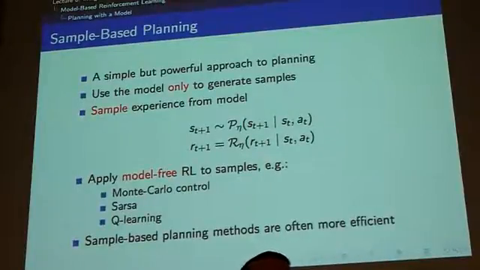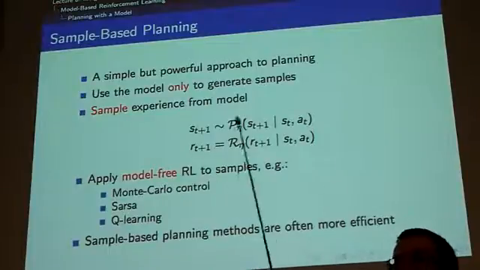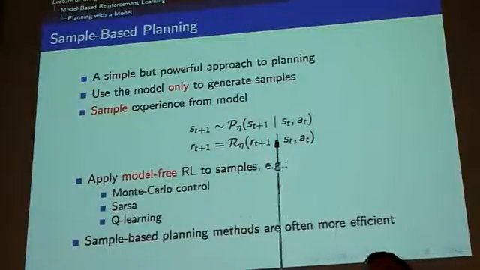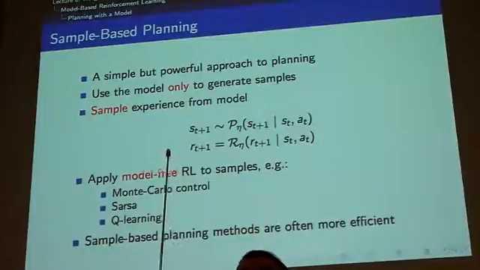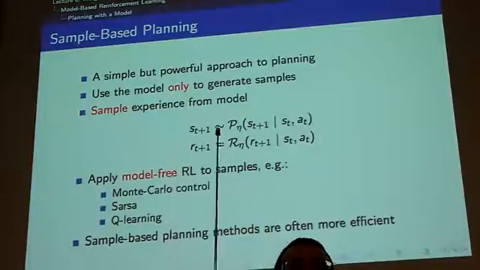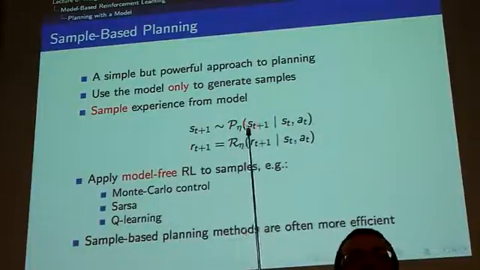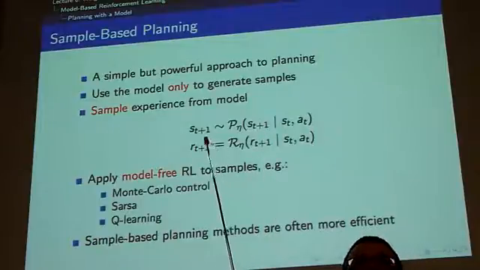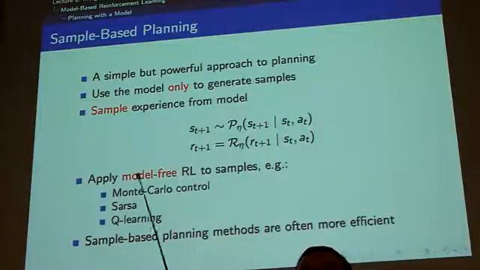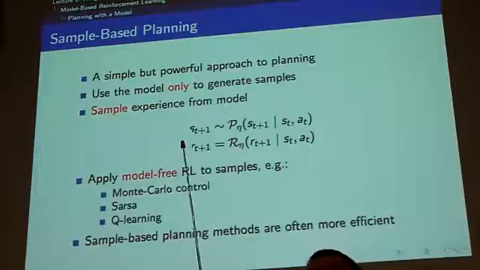Now in that kind of setting, dynamic programming becomes very inefficient because it has to do a full-width backup. It adds up the exact probability for each of those events that might take it to each of those different states. It's very inefficient. It suffers from the curse of dimensionality because it literally looks at every single state in its backup.